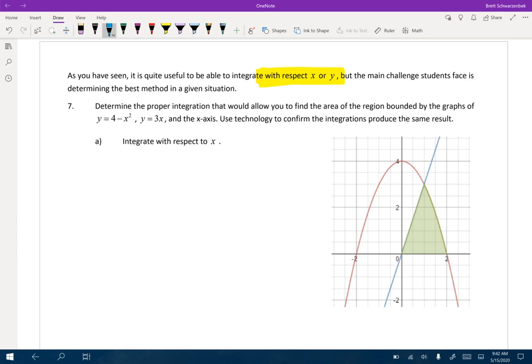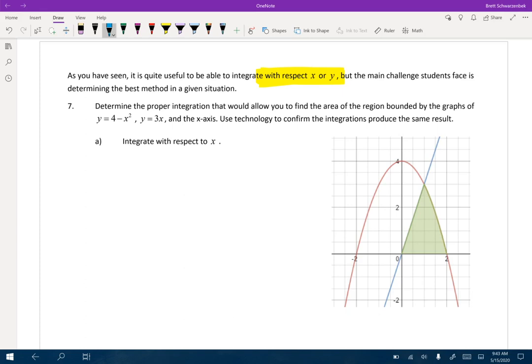But the purpose of number 7 and number 8 on the next page is to show you how you can find these areas separately. And I think it's very valuable because one of them almost always creates a more complicated solution, a more complicated integral equation to go through, where the other one's much easier. So that's going to be kind of the point of this.